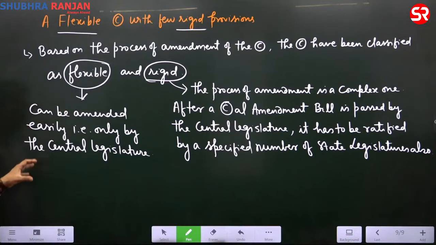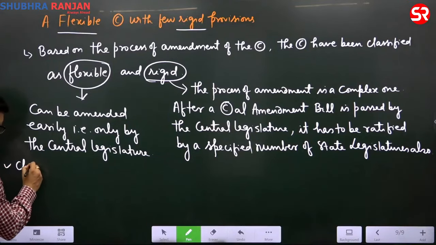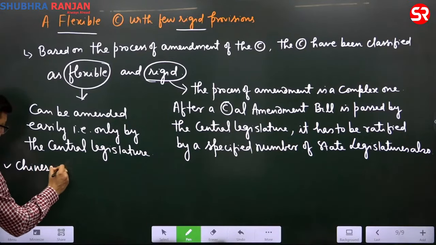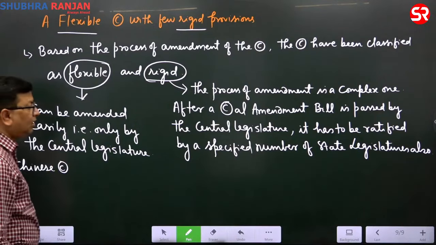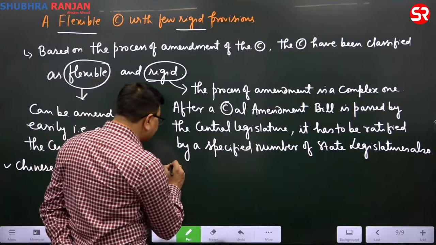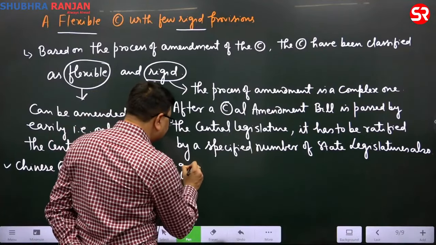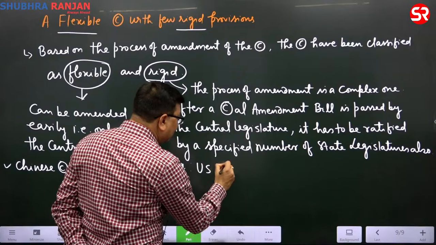The example of flexible constitution: the Chinese constitution. Then rigid constitution: the US constitution.